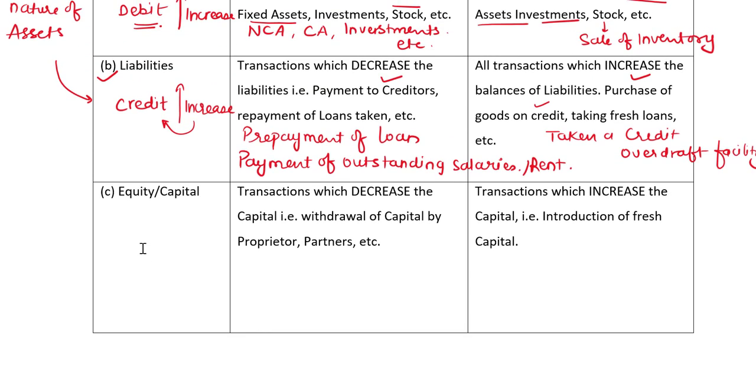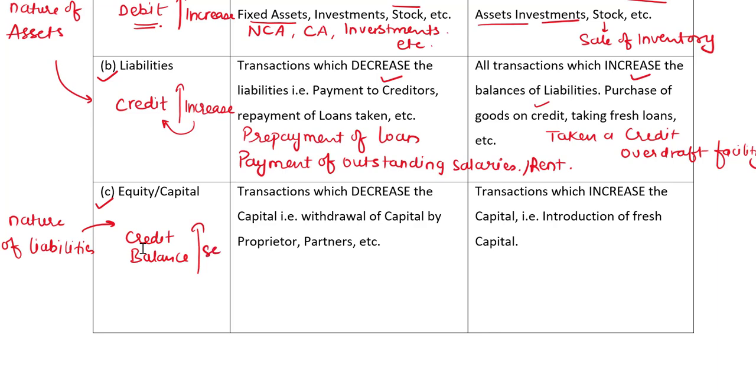Let us move to point number C, and that talks about equity or capital. Dear students, equity and capital have the same nature as liabilities. That means they have a credit balance.